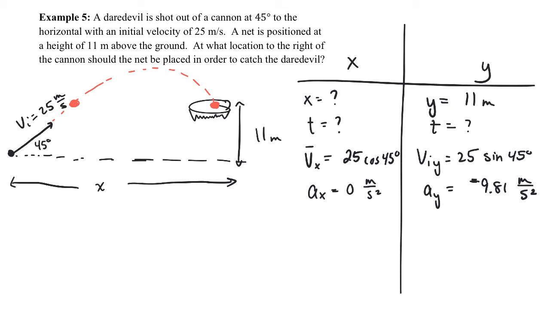Wait, so if it's horizontally fired, the VIY is 0? Correct. The Y displacement is 0 if it starts and ends on the ground. That's another possible type of problem to look at. Not this one right now, but that's just another thing to write down if you want it. That the Y displacement, instead of being 11 meters, would be 0 if it started on the ground and ended on the ground. Or started on a building and ended on a building with the exact same height as the building next to it.